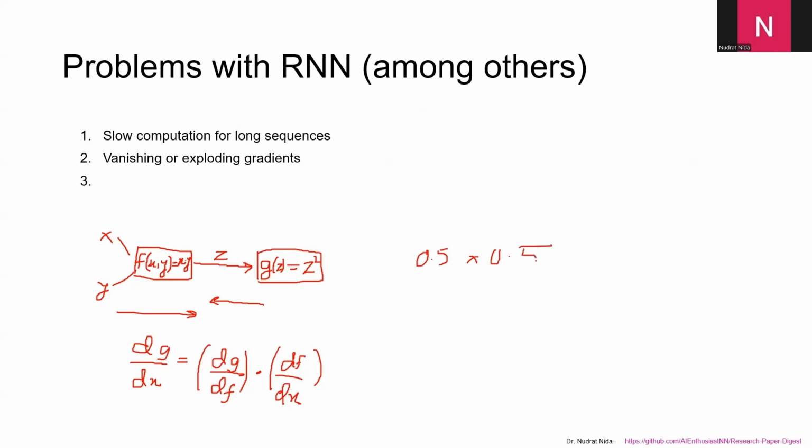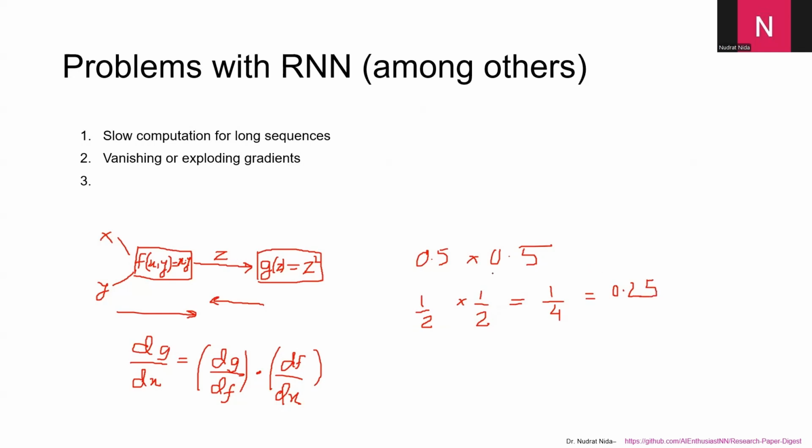So this is equal to half, and we multiply it with half. When we multiply both halves, the value becomes lower than its single input, equal to 0.25, which is smaller than 0.5.